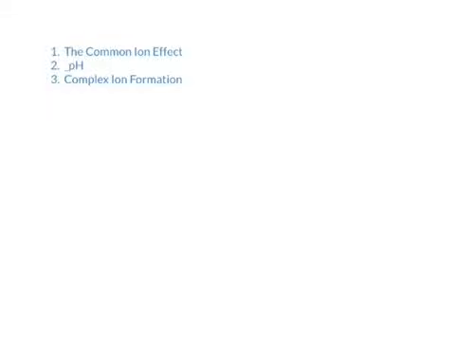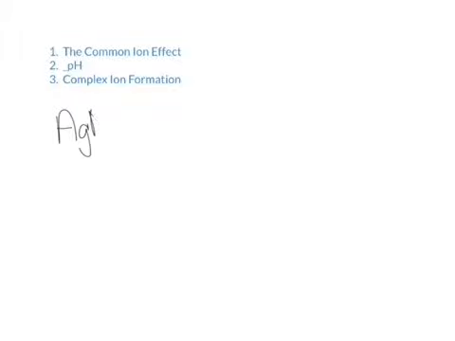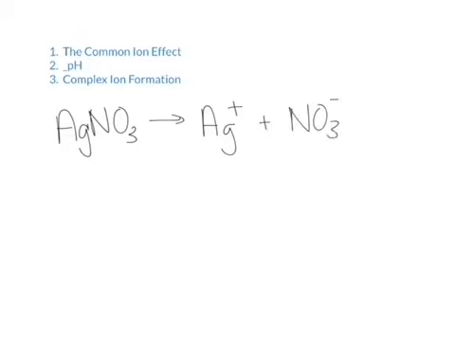If we have, for instance, a solution of silver nitrate, and this is very soluble, so we have silver ions and nitrate ions in this solution.